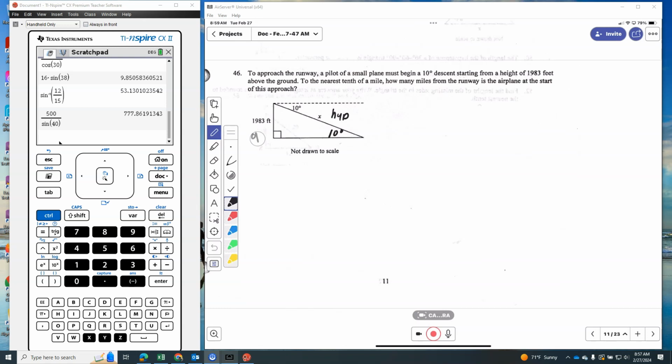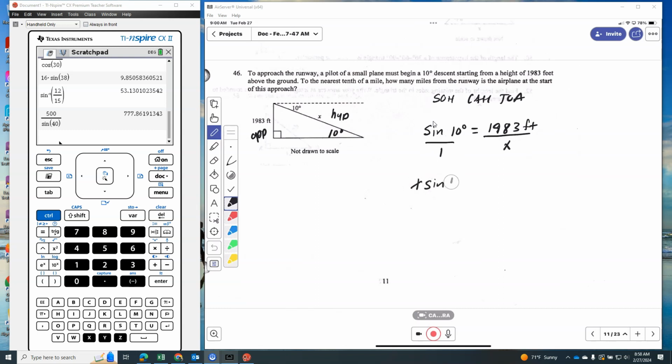That's hypotenuse and opposite. Remember what I told you, always write down SOH CAH TOA. So you know it's sine because it's hypotenuse and opposite. So you write sine of 10 degrees is equal to 1,983 feet divided by x, and you place a 1 here. So you're going to multiply x times sine of 10.